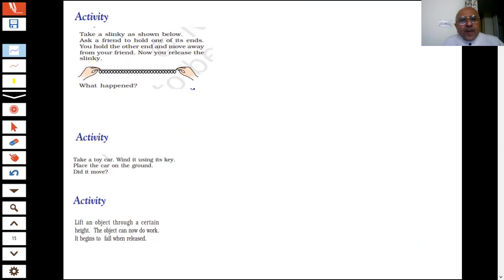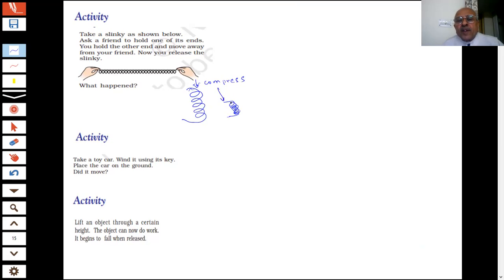Similarly, if this is my spring, student, you compress it, what will happen? Compress the spring, what happens? It will become smaller in size. Okay? This is compressed to this form.